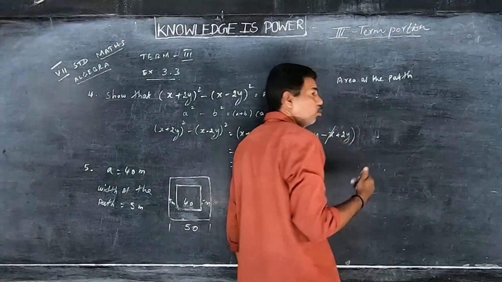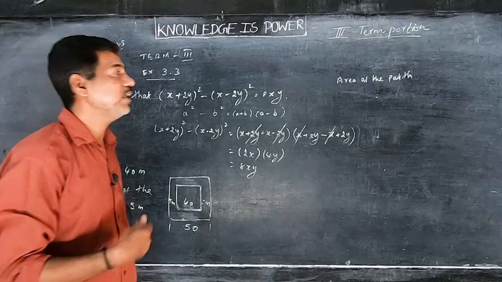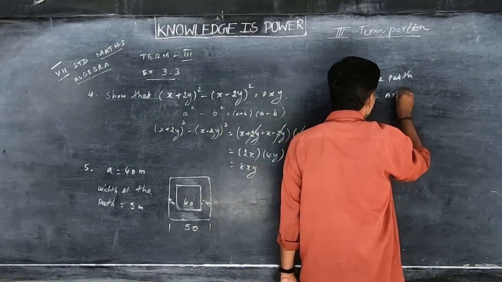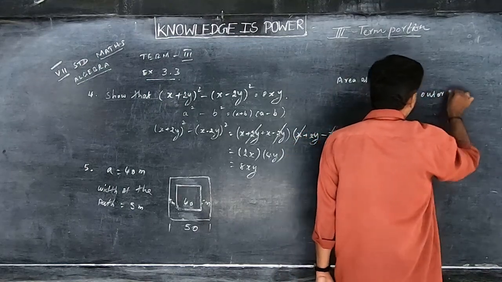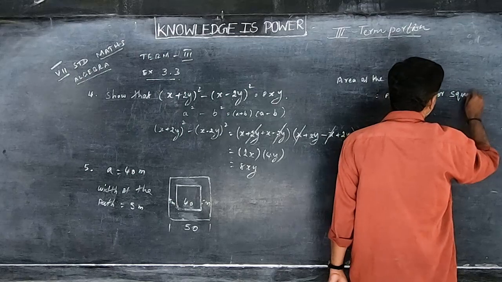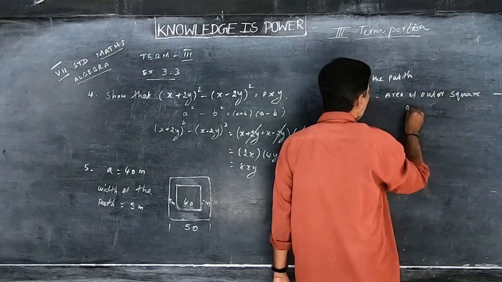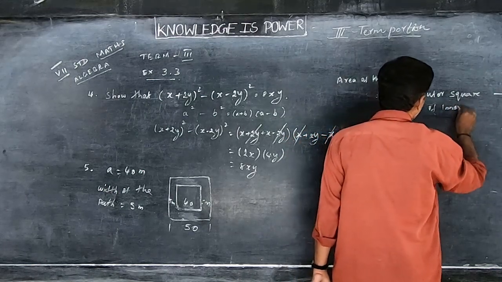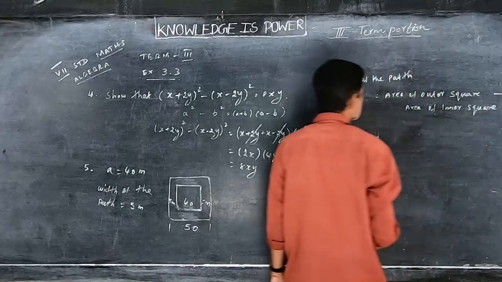Area of outer square minus area of inner square. Can you follow this?